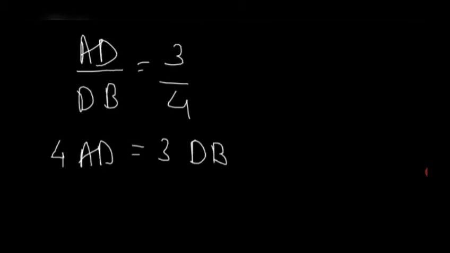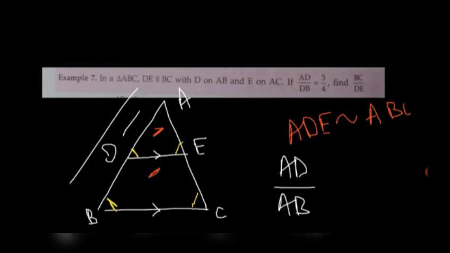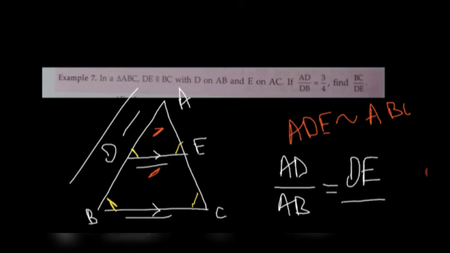Understand this. Now if you want to find AD by AB, you are telling me why am I finding AD by AB? See, AD by AB, this by whole of this will be nothing but DE by BC.